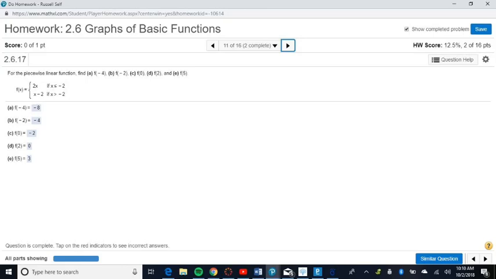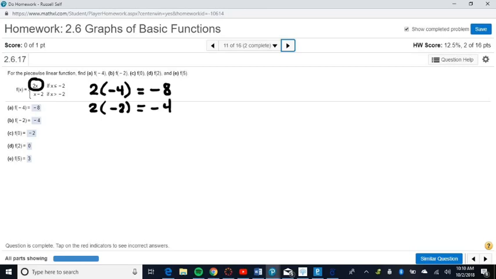So for f of negative 4, for our first function, 2x, replacing x with negative 4 just means 2 times negative 4, which is negative 8. And you're going to continue to do that with all of those numbers for this particular function first. The next one, our next function value, is negative 2, so that gives us negative 4.